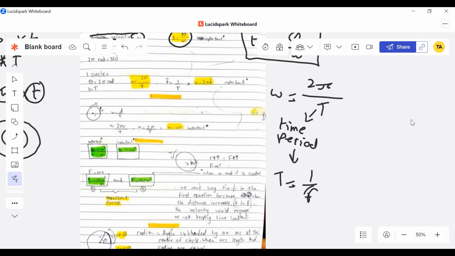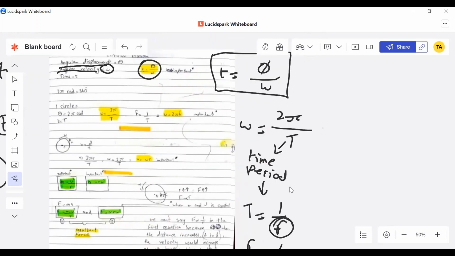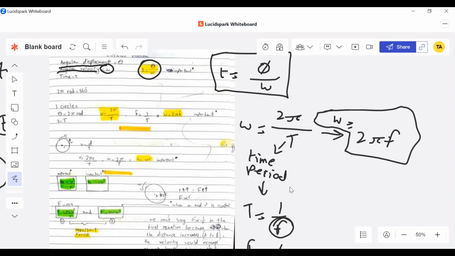And when I want to make frequency the subject, I'll write f equals 1 over T. So now I know that T can be replaced by 1 over f. When I simplify, I get 2 pi f. Omega equals 2 pi f. And this formula right here is another important formula you need to know.